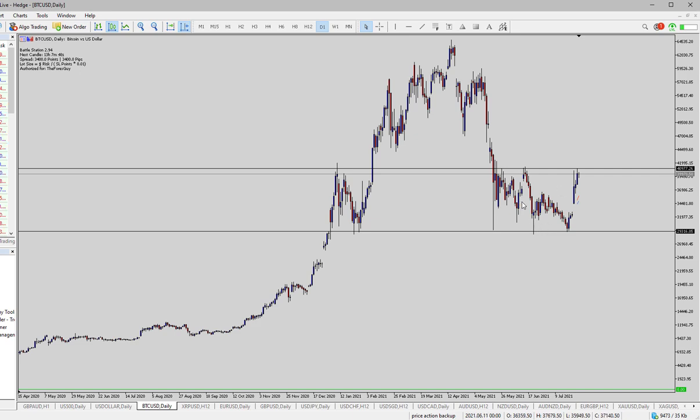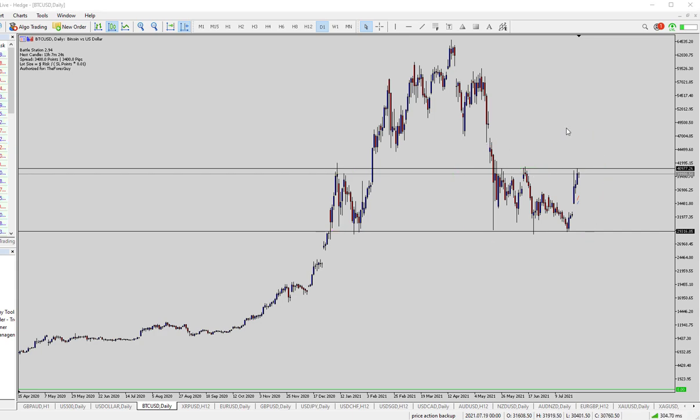And sometimes, even when you do map the levels out, you don't have to have them go right back through history and line up all the swing points. But sometimes they do. If the level's very clear, we look back here and here, we can see that the levels lined up very nicely. So sometimes it does happen, but we only really care about the current structure of the market.